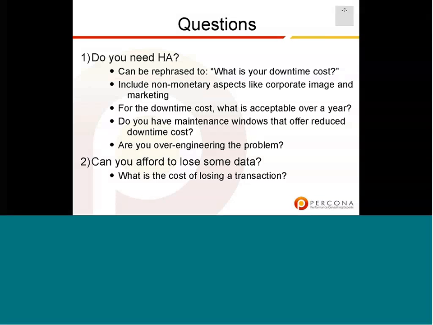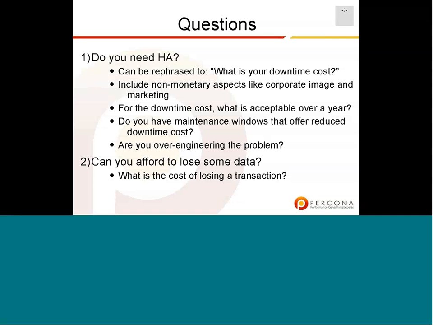Next, and related to what is your downtime cost, in terms of cost, what would be acceptable, let's say over a period of 1 year? That could help you also figure out how much you want to invest to get a return on your investment in a reasonable amount of time.